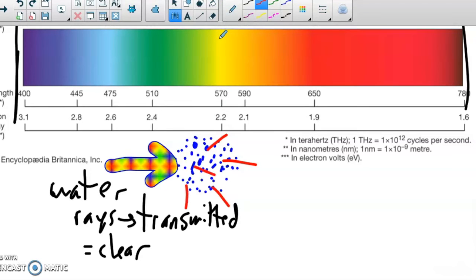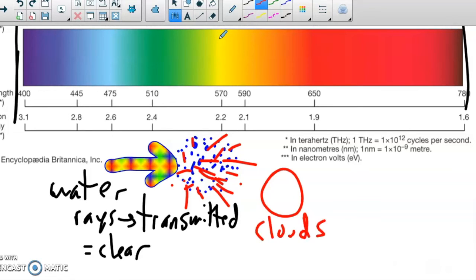And they end up bouncing off of each individual droplet at different angles, mostly because of the roundish shape of the droplet. And since all of the light is being reflected off of the droplets, in clouds, instead of the light being transmitted through the H2O, it is reflected all around. And there are so many light waves being reflected by all the millions of droplets that they appear as white.